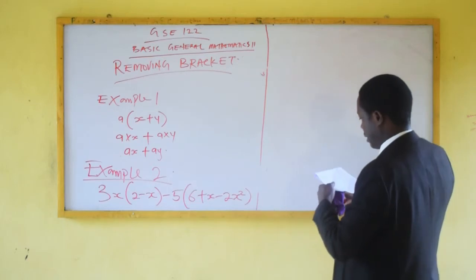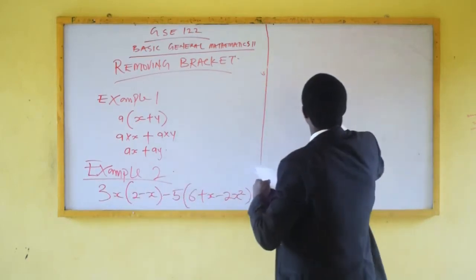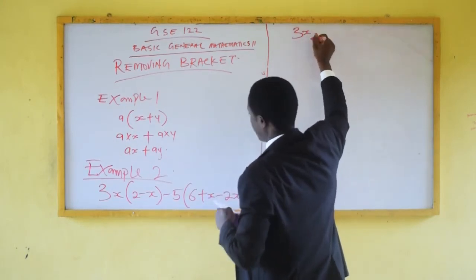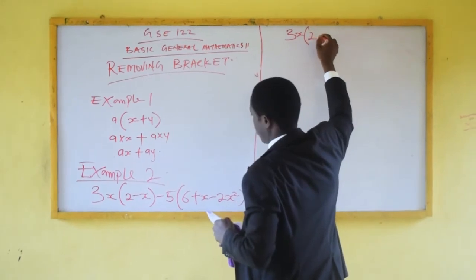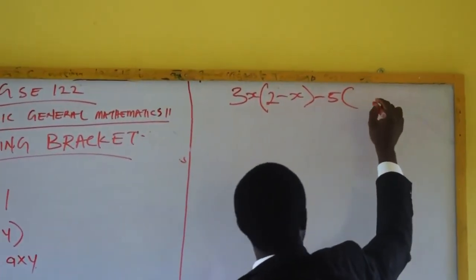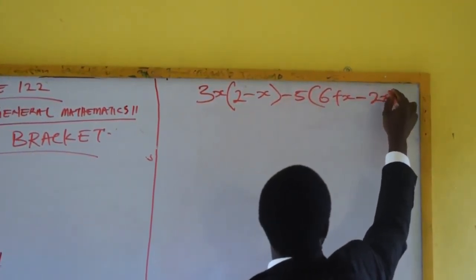We give you something like this. 3x multiplied by 2. Let me write it here so that it saves the stress of turning the neck. Minus 5 into bracket 6 plus x minus 2x squared. Okay?